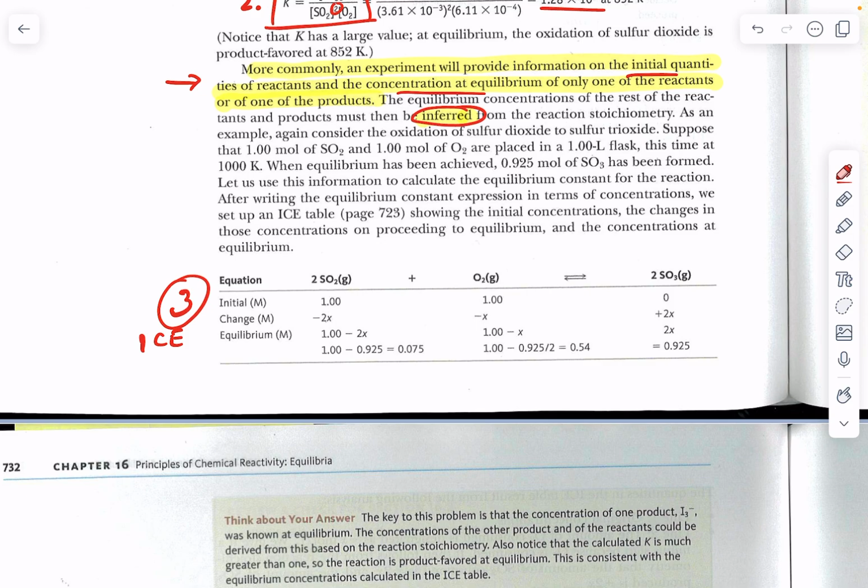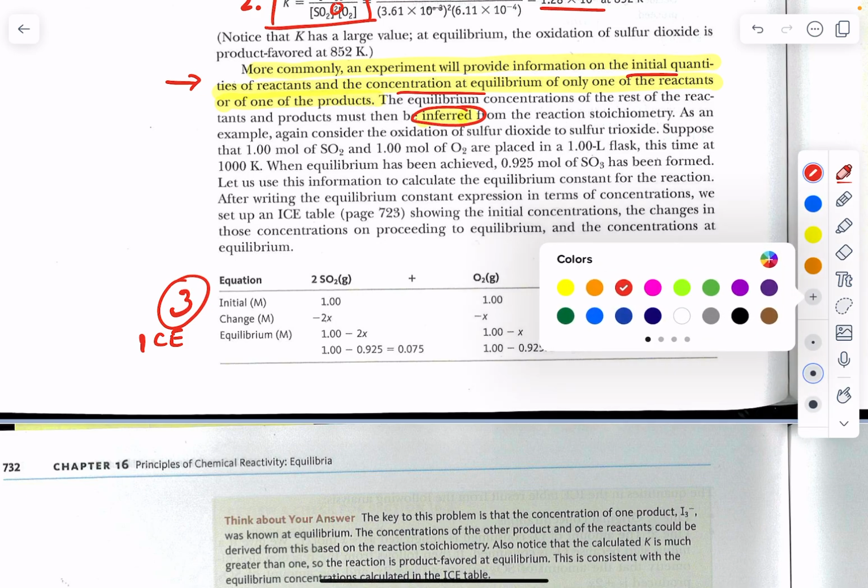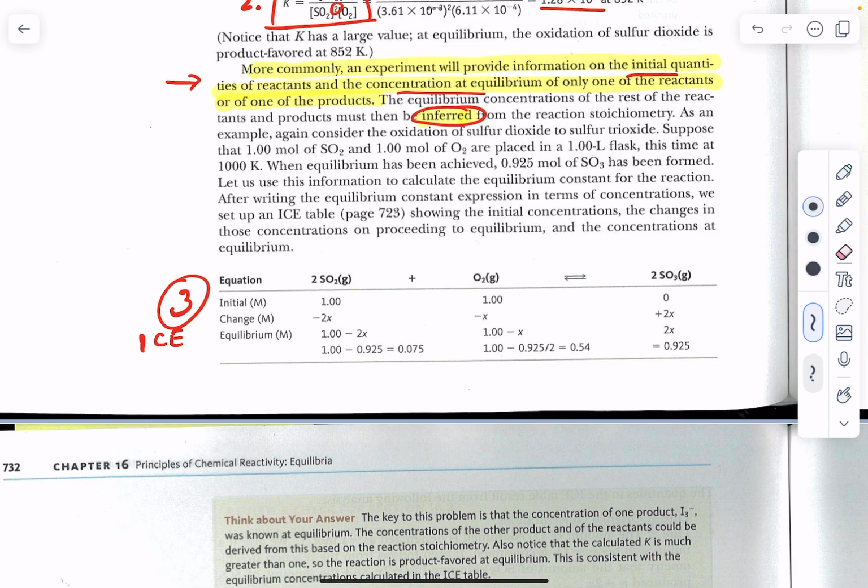And what you're given, I'll get a different color for what you're given. Let's go ahead and use green for that, because G and given begins with the letter G, and green begins with the letter G. So you're given this. You are given this value. You're given this value. And what a lot of people forget about is you're also given this value.